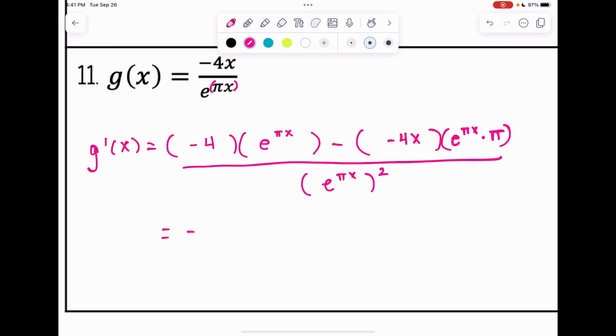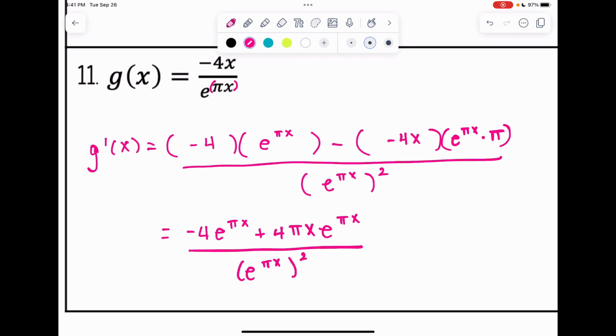So I have negative 4 e to the pi x plus, because I have minus a negative, 4 pi x e to the pi x, over e to the pi x squared. If I wanted, I could also start factoring this numerator and try and cancel out terms with the denominator, but I'm just going to leave it like this.